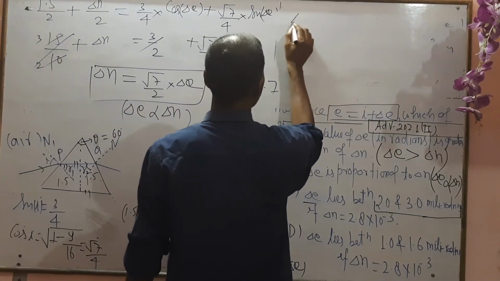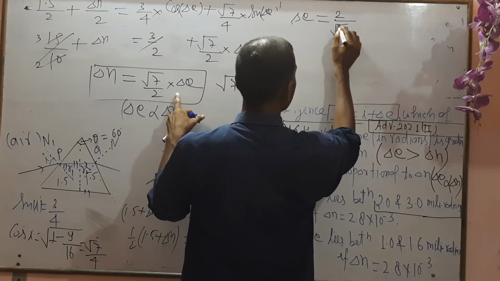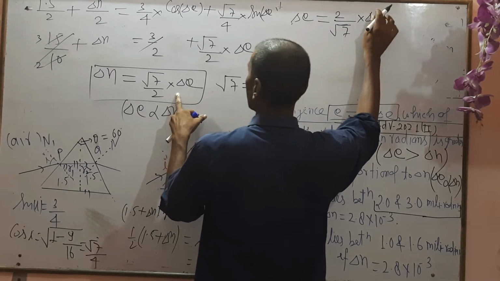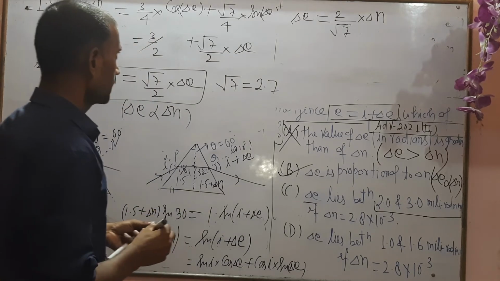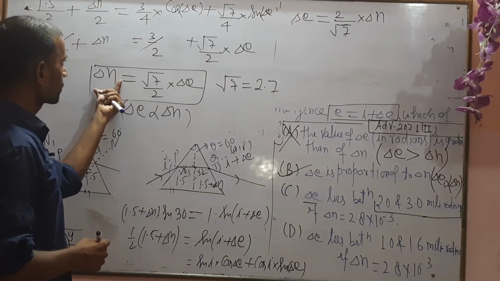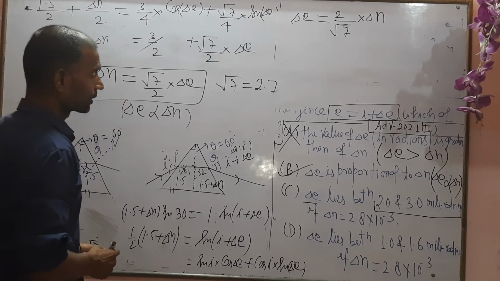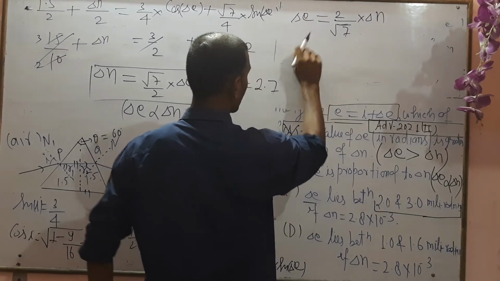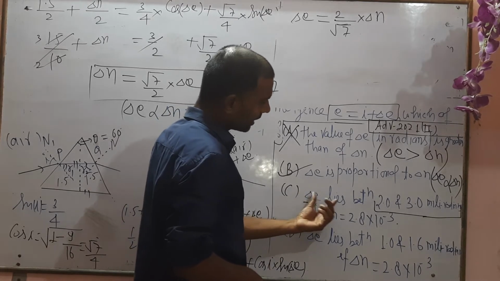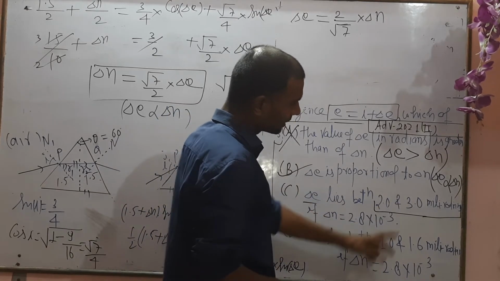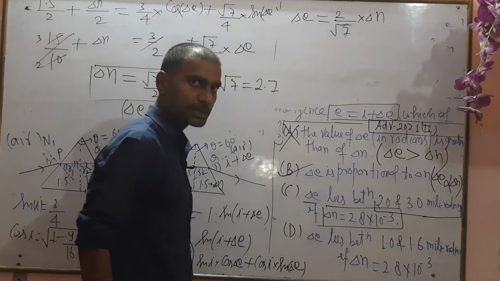Delta E equals 2 divided by root 7 into delta N. But look carefully at option C: delta E lies between 2 milliradian to 3 milliradian if delta N is equal to 2.8 into 10 raised to minus 3.